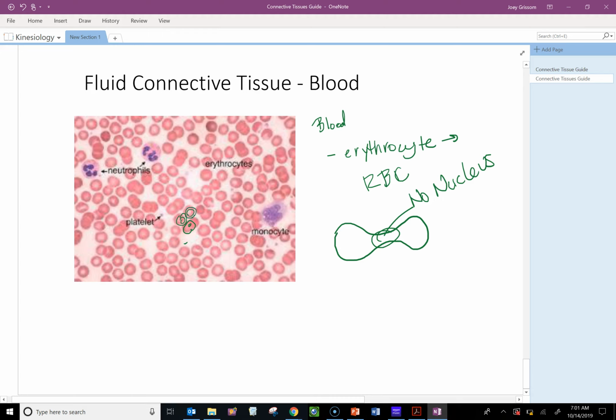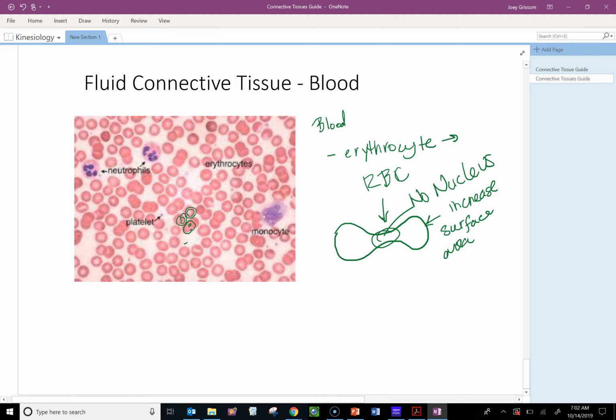That is where we're seeing the light going through this much thinner part of the cell. The reason it's like this is that it increases surface area, and by increasing the surface area, it allows for more diffusion of gases, specifically oxygen and carbon dioxide, to allow the cells to do what they need to do, which is transporting materials.